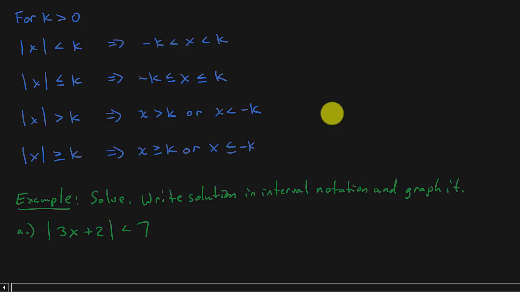It's the problems towards the end of the video, where we solved absolute value equations. Just to refresh your memory, when you had the absolute value of x equal k, then we would rewrite it as x equal k or x equal negative k. That was absolute value equations.